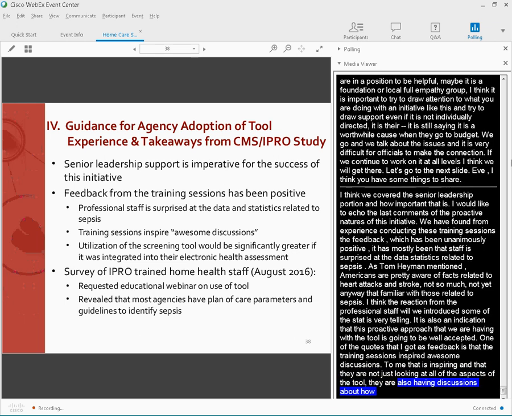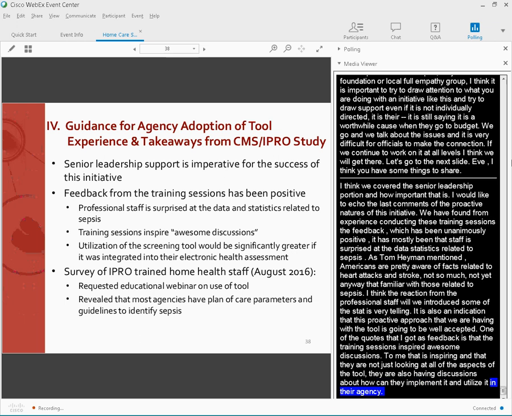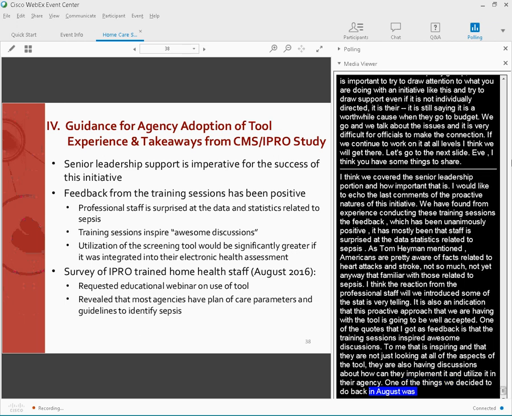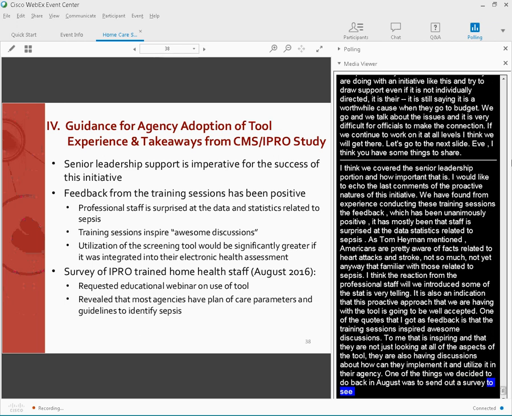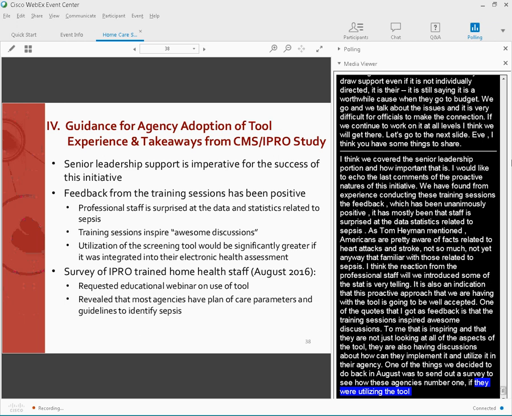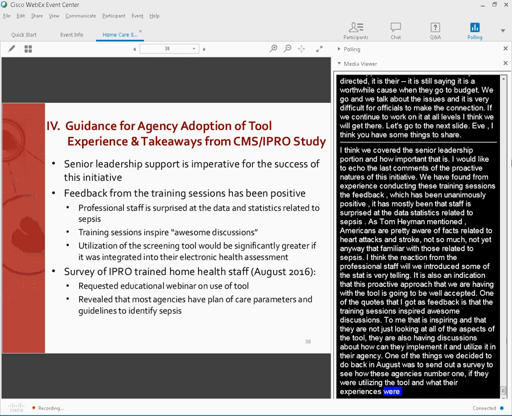And one of the things that we decided to do back in August was to send out a survey to see how these agencies, number one, if they were utilizing the tool yet, and what their experiences were with using it.